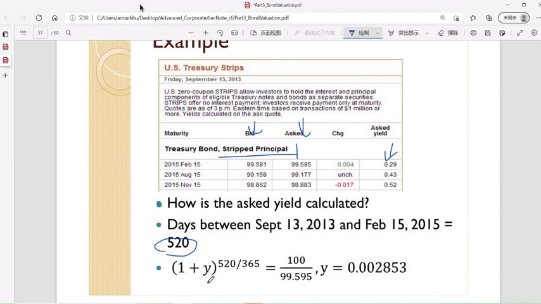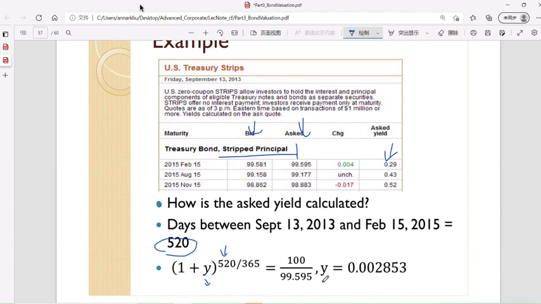This should be your annual interest rate, and then this is the annual rate, so you divide it by 365, then you multiply by the actual days, right?